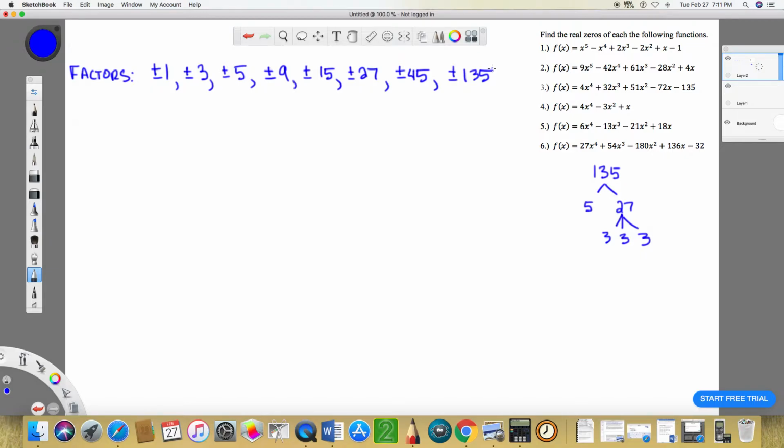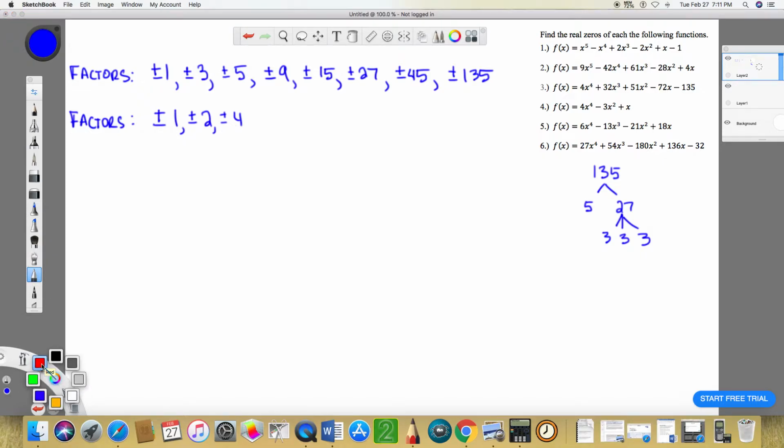Now let's look at 4. I don't have to write the prime factorization of 4. I can just do it in my head. And I know that the factors are 1, 2, and 4.